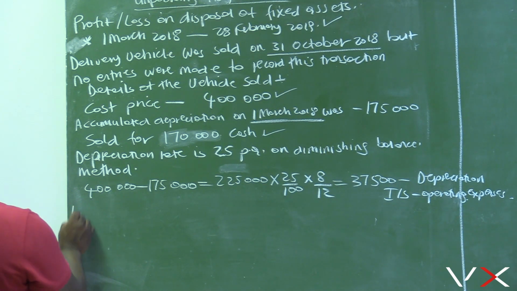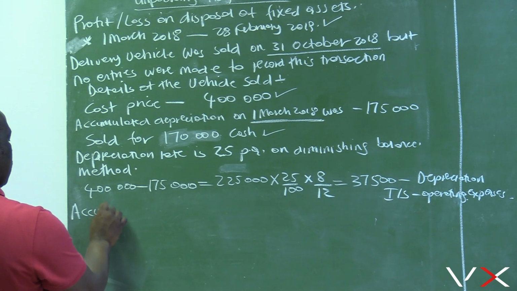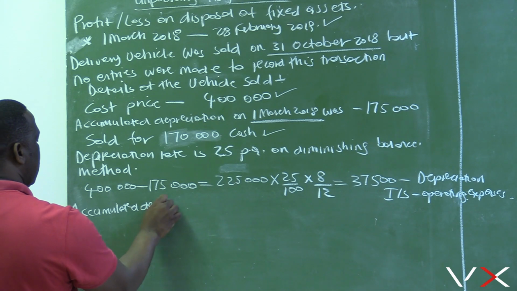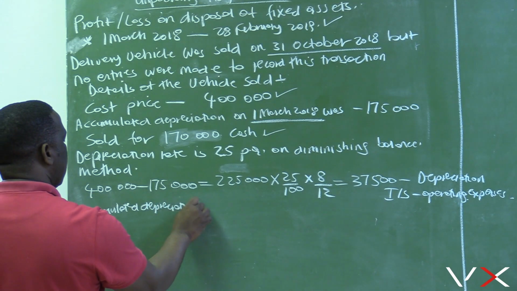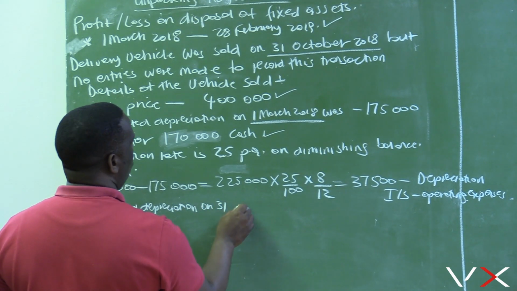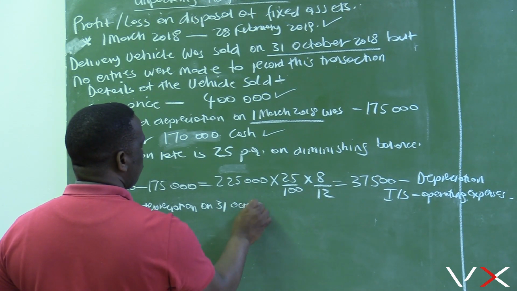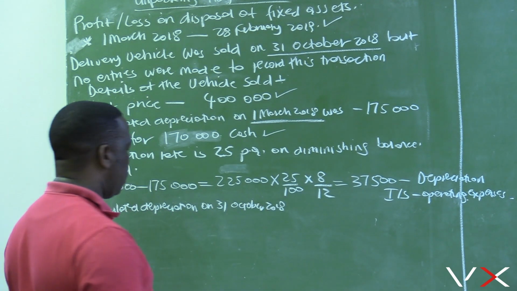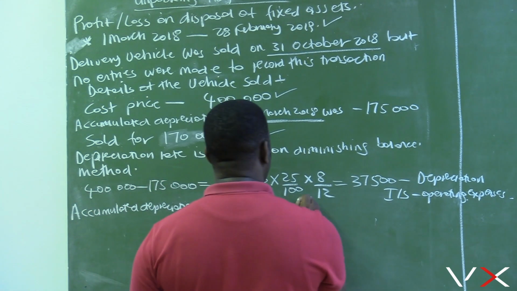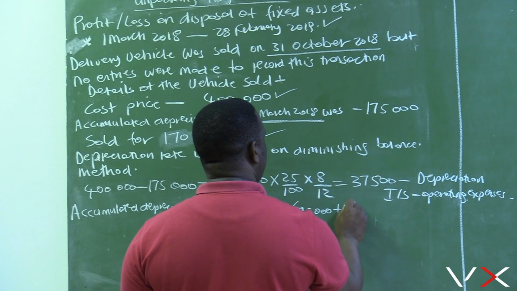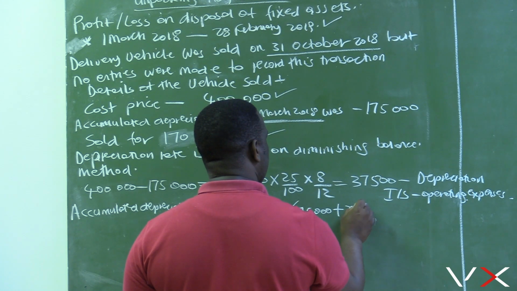So now let us have the correct accumulated depreciation on the date of sale. Accumulated depreciation on the 31st of October 2018. You have 175,000 at the beginning plus depreciation for 8 months.